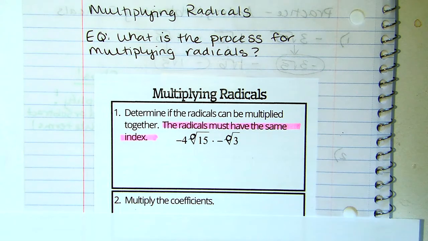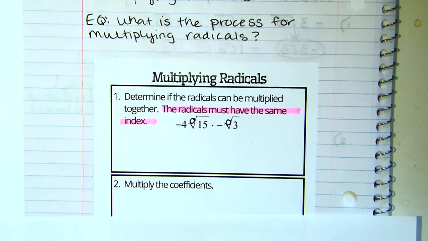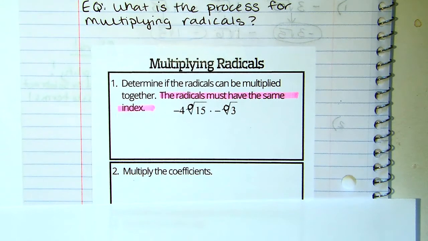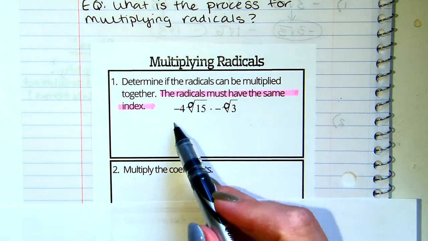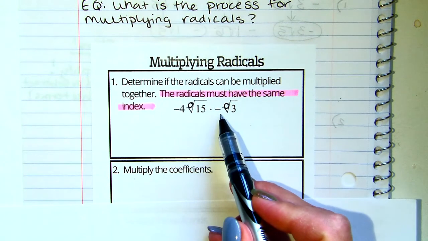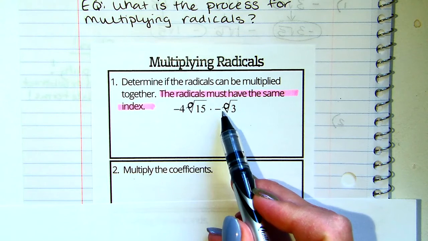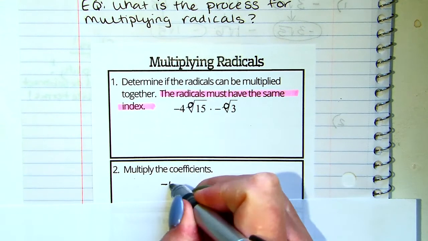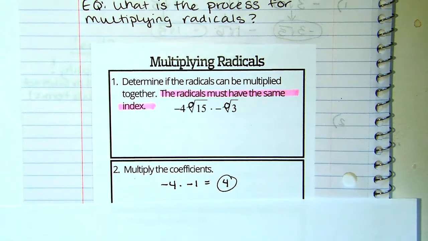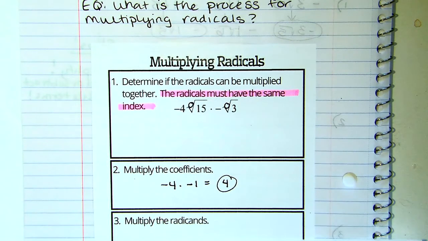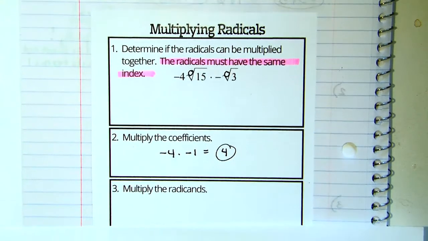So the first thing we're going to do is begin by multiplying the coefficients. Now the coefficients are the numbers in front of our radical sign. So here the numbers in front of the radical sign are -4 and a negative. Because this negative exists, there's a 1 with it. So I'm going to go -4 times -1, which is going to give me +4. My next step is I'm going to multiply the radicands.